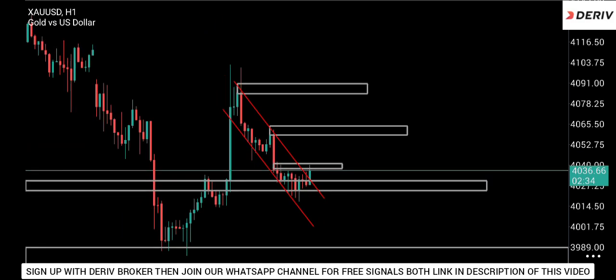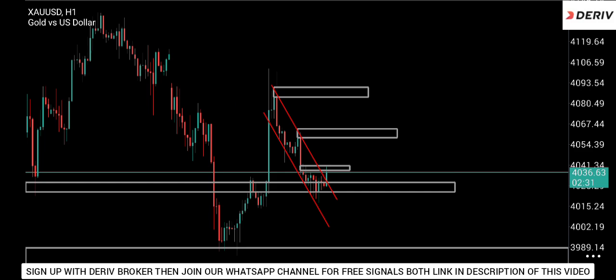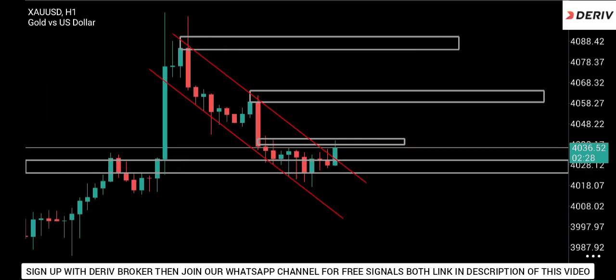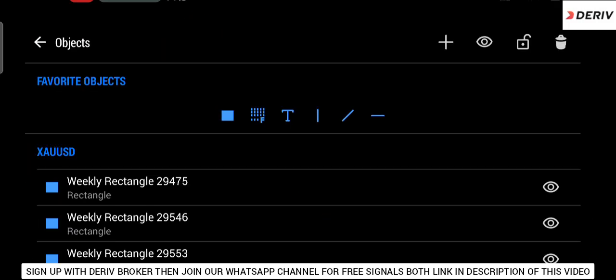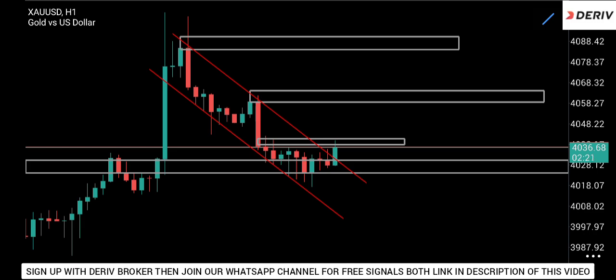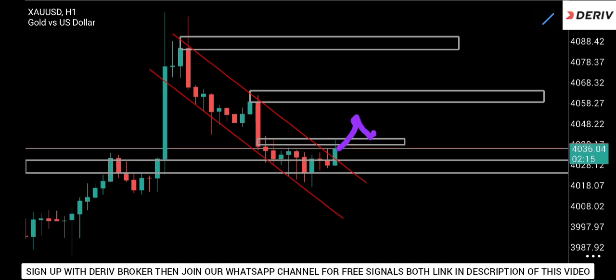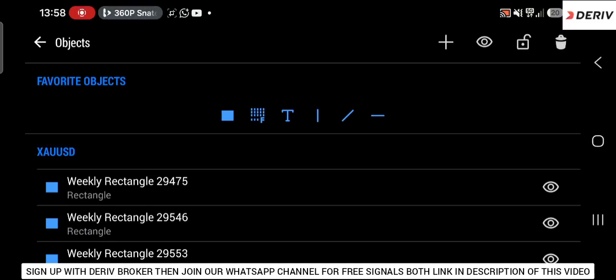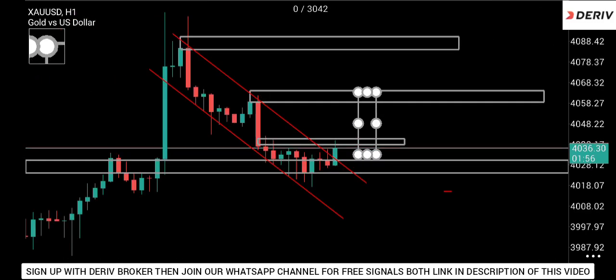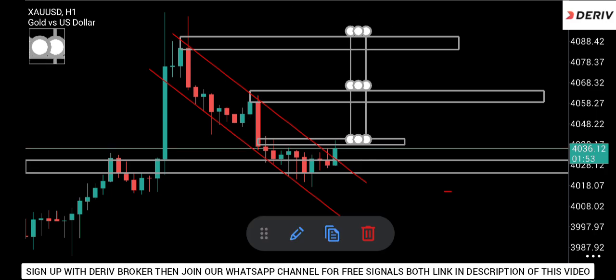So this is what we have on the 1 hour time frame. We are waiting for break, retest, so that we buy here with your stop loss here, then you take profit here, your TP1 here, TP2 here. I think we can take advantage of that.